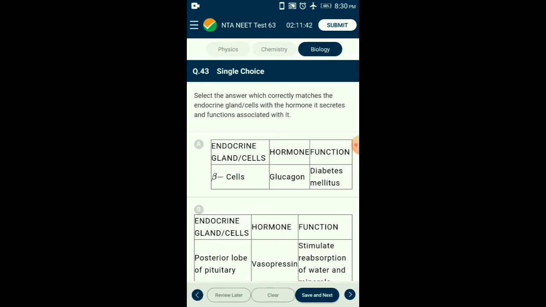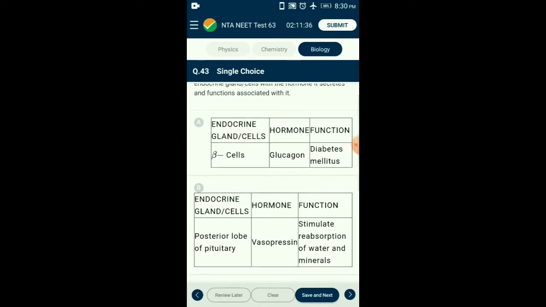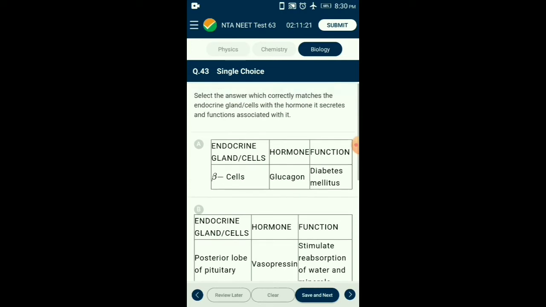Question number 43. Select the answer which correctly matches the endocrine gland or cells with the hormone it secretes, and the functions associated with it. Beta cells of pancreas secrete insulin, absence of which results in diabetes mellitus. Adrenal medulla secretes epinephrine, which helps the body to deal with any emergency situation.